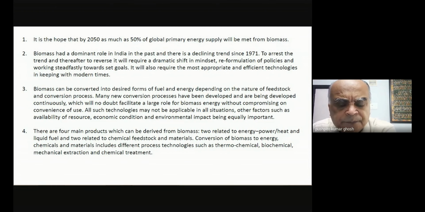Also remember, if you just go and start chopping up forests and saying, hey, I've made biomass, that is as good as non-renewable energy, because you may not be able to regenerate the forests in 2 years. It takes time. The rate at which you are utilizing biomass must be matched by the rate at which new plants are coming up, and not only coming up, it's increasing.